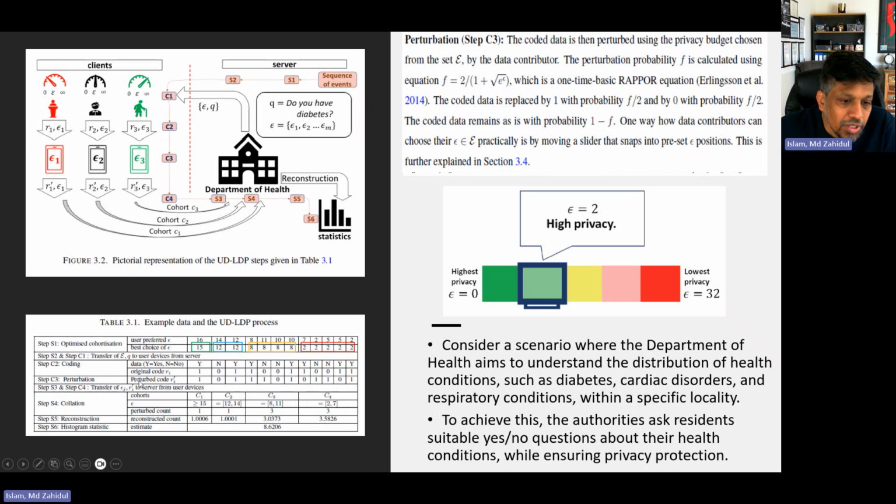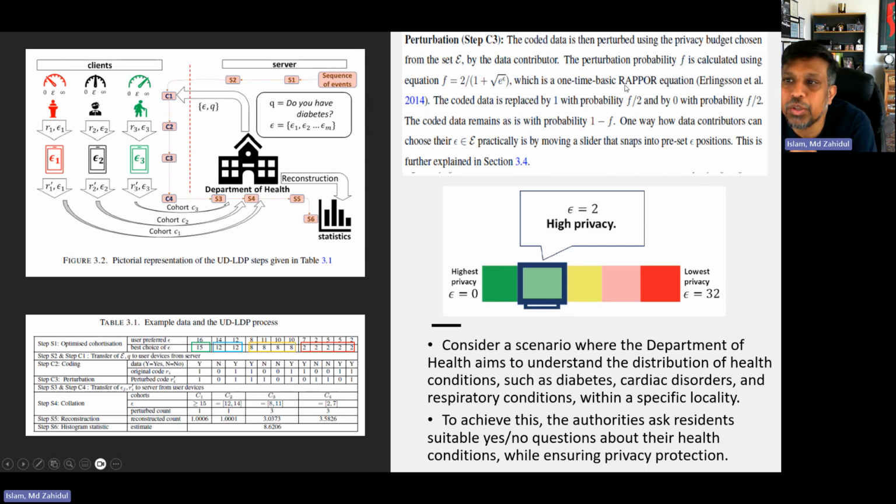Now, the responses get perturbed. And how they get perturbed is this. There is a perturbation probability f, and we can use different techniques for this.